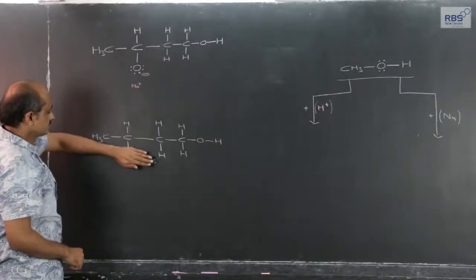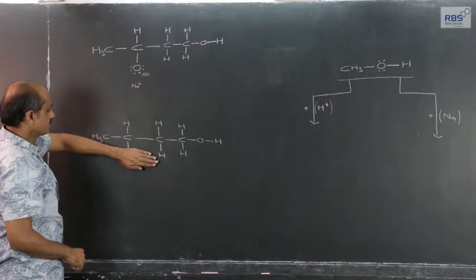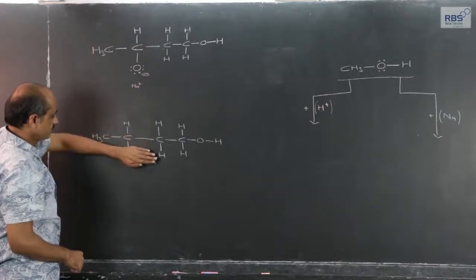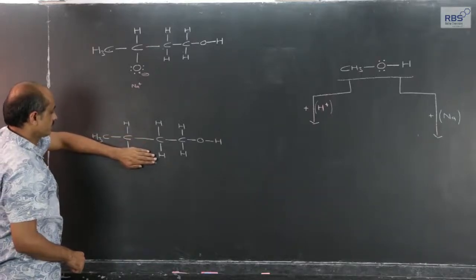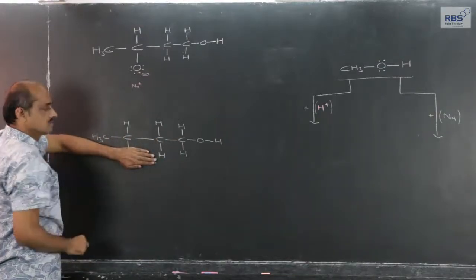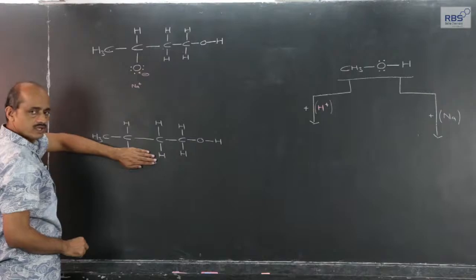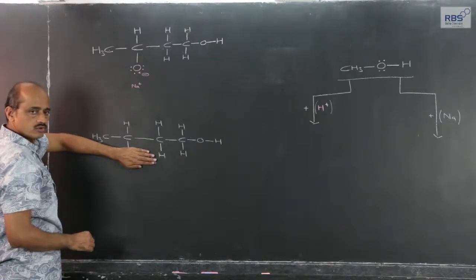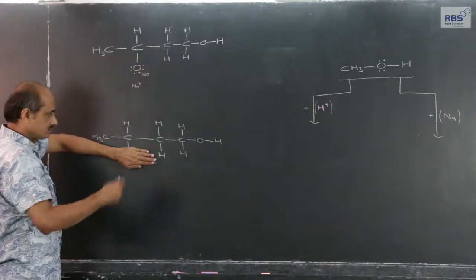The same is true here: instead of the methoxy group, if this were a hydrogen atom, 1, 2, 3, 4 butane 4-ol, 4-butanol.